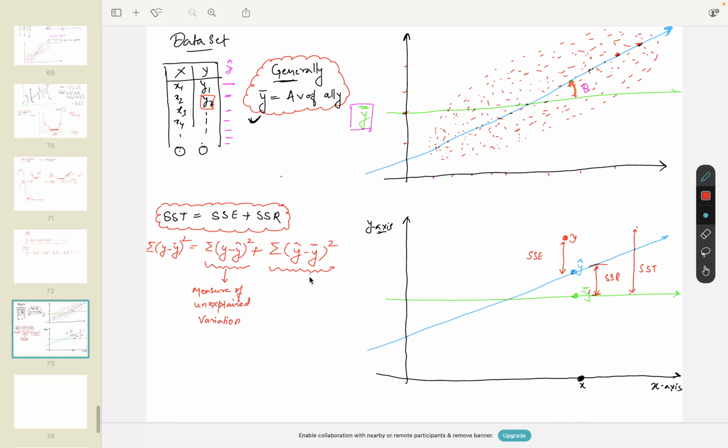Okay? And this is known as a measure of explained variation, right?